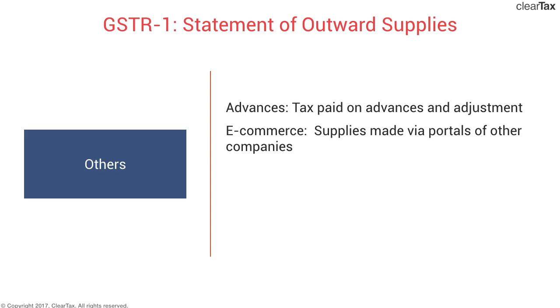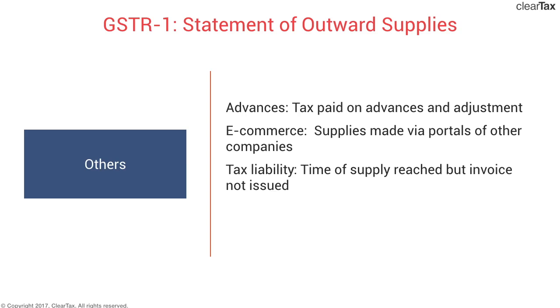You'll have to split the information. In this category, apart from all details mentioned in transaction level of invoice or credit or debit note, only two additional information you'll have to give: the merchant ID issued to you by the e-commerce operator and the GSTIN of such operator. These are the two values that you'll have to add.